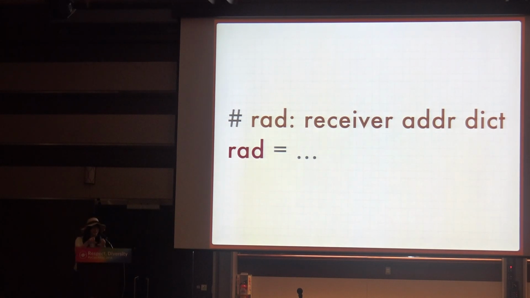So if it's just inside a function or a very small scope, I will use this style to rename the variable. But I will always define what the acronym means. Like this, I will add a comment and say RAD is actually receiver address dictionary.